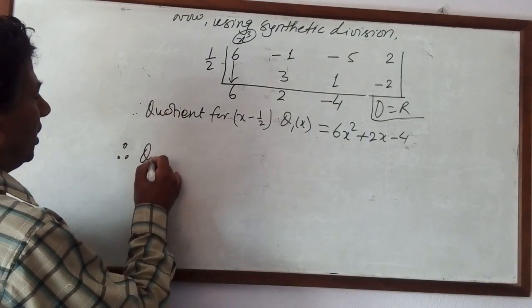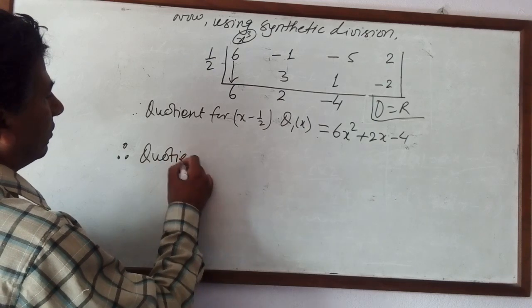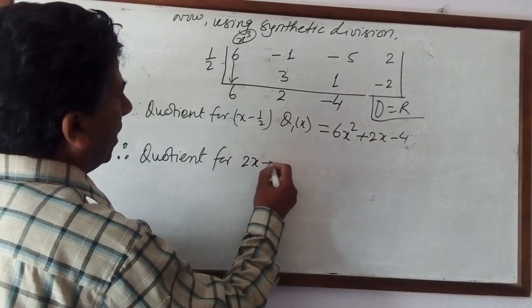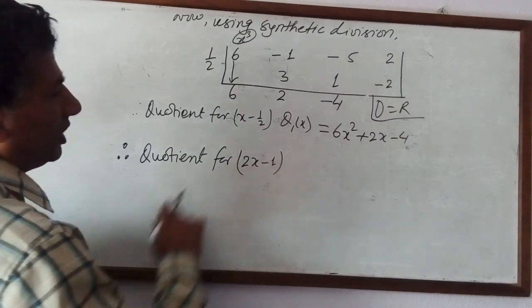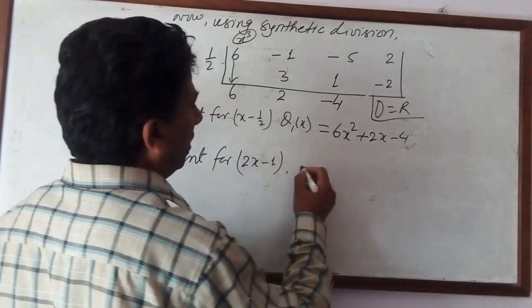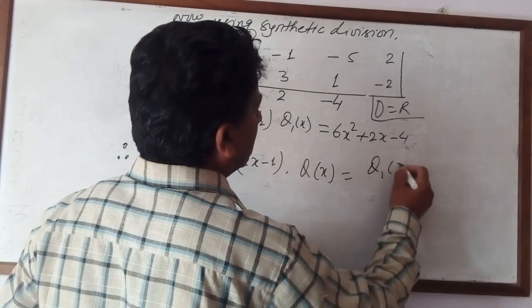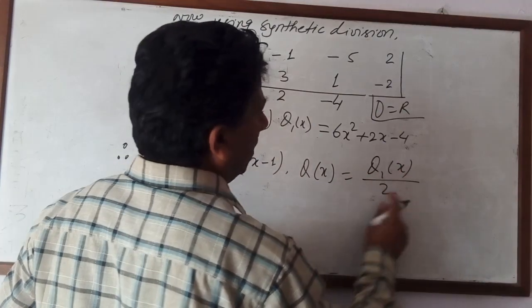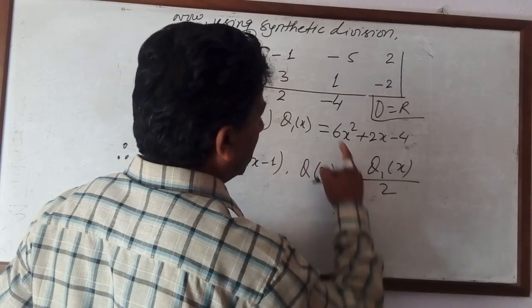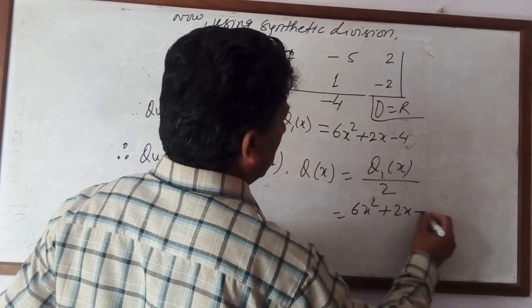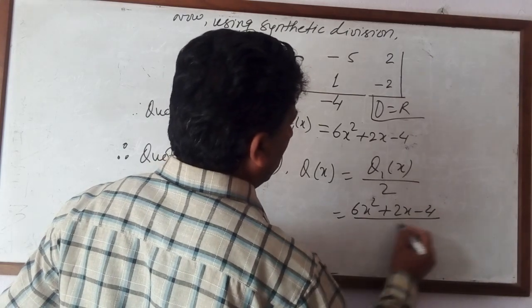Therefore the quotient for 2x minus 1, Q(x), equals Q1(x) divided by 2. In place of a there is 2. Now here is 6x square plus 2x minus 4 divided by 2.